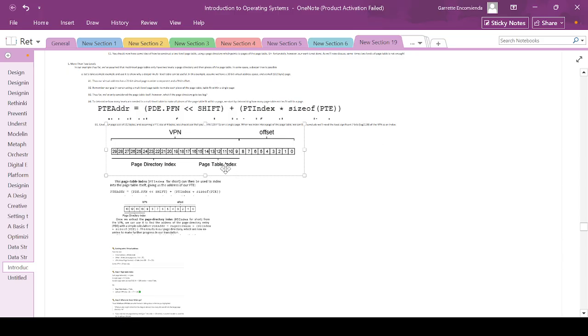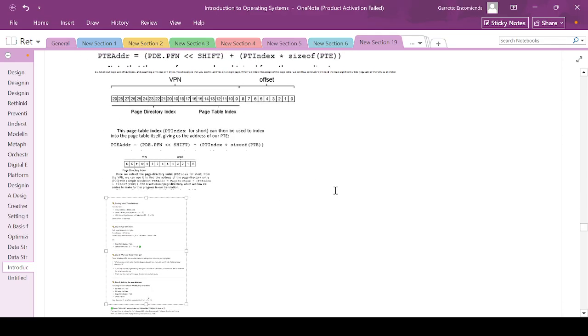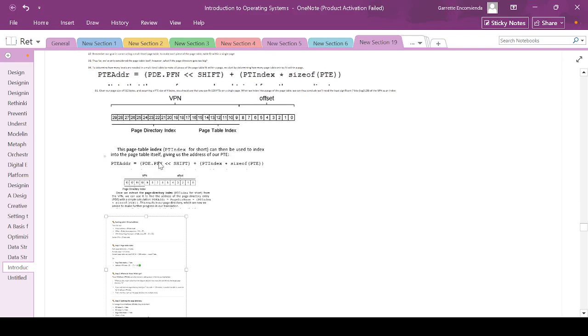This page table index, or PTE index for short, can then be used to index into the page table itself, giving us the address of our PTE. So the VPN has a page directory index and a page table index.